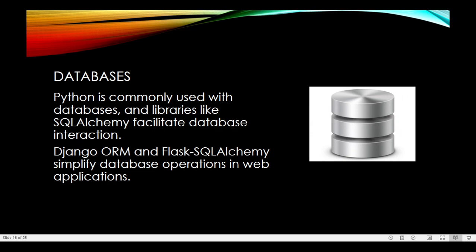Django ORM and Flask's SQL Alchemy simplify database operations in web applications. So you will not have to write, for example, in Django, any form of SQL at all. All the SQL you have to write has been written for you in these libraries, the Django ORM and the Flask SQL Alchemy. All you have to do is just call a few functions and you are good to go. It simplifies the process a lot.